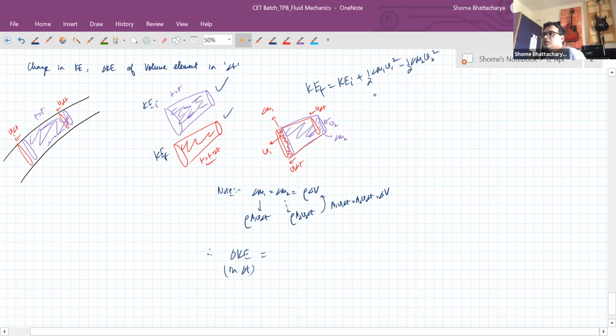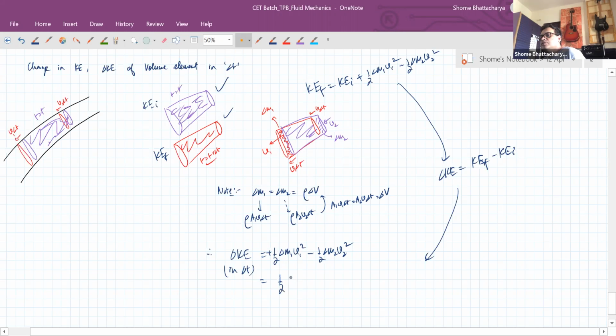Okay. So coming back to this change in kinetic energy, delta KE is final kinetic energy minus initial kinetic energy. So that quantity from above you can see is, we are adding this section's kinetic energy, but we are subtracting the section behind that one's kinetic energy. Now we know that delta m1 is equal to delta m2, so we'll substitute this over here next.